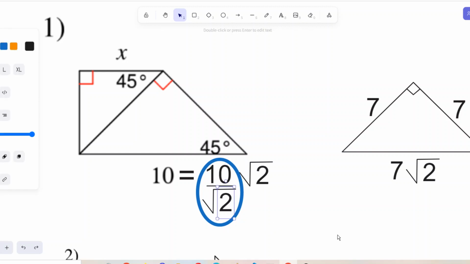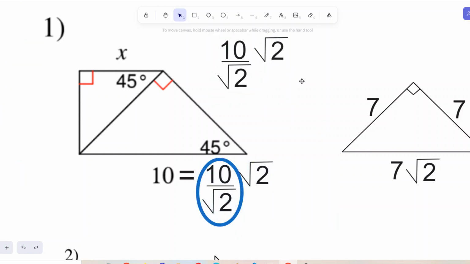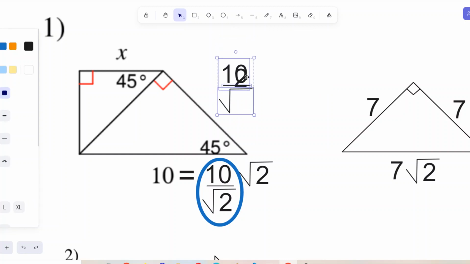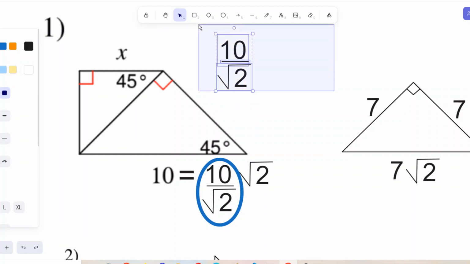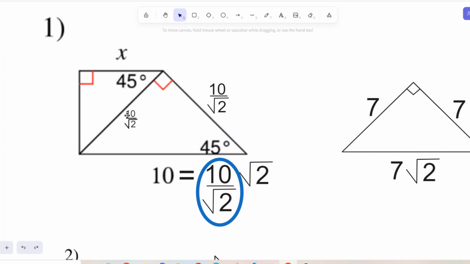So then the side lengths would be 10 over root 2. Sorry, it's not the greatest way to do this maybe, but okay. So that side's 10 over root 2, and this side is 10 over root 2. Hopefully that makes sense.